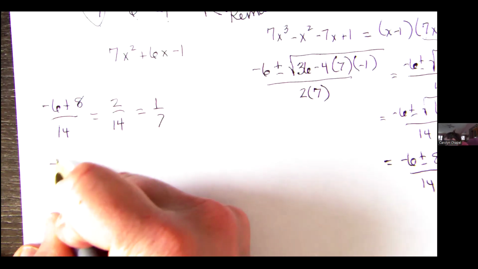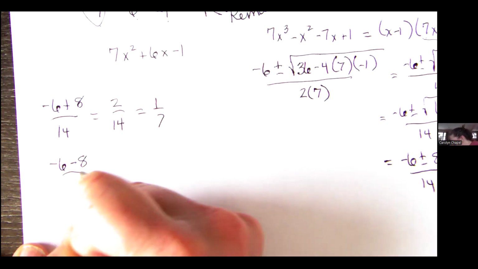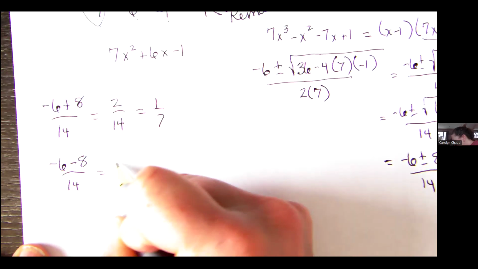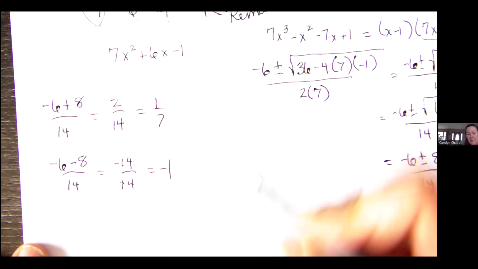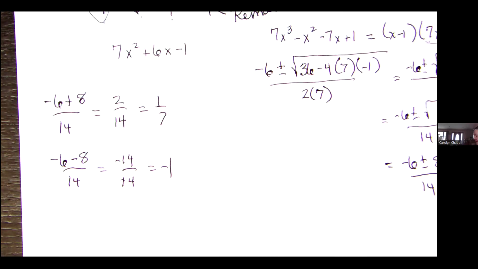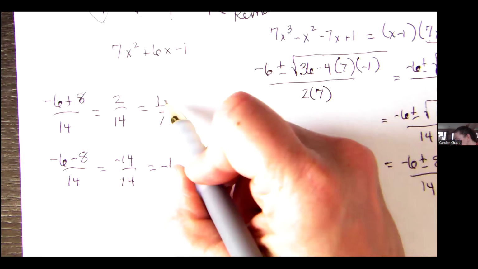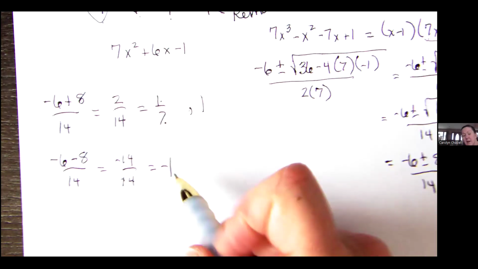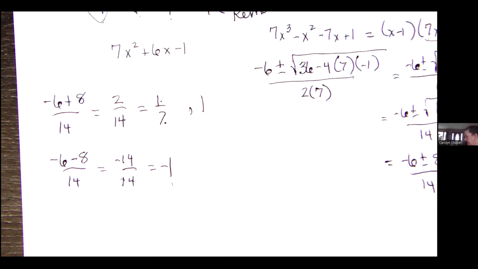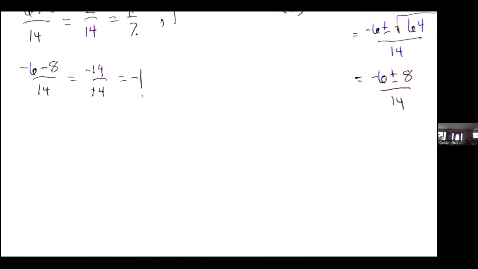The other one would be -6 minus 8 all over 14, which is -14 over 14, which is -1, which is also one of those possibilities. Notice also we have two positive real zeros, the 1/7 and the one that we tried before, and one negative real zero. So now I'm going to start graphing this function.